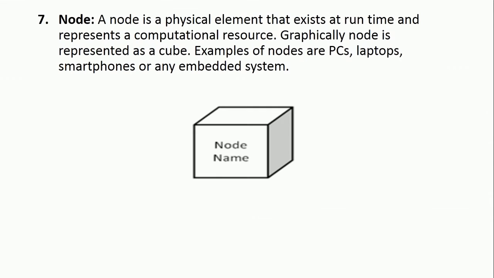Okay. Now next is the node. A node is a physical element that exists at runtime and represents a computational resource. Graphically, node is represented as a cube.